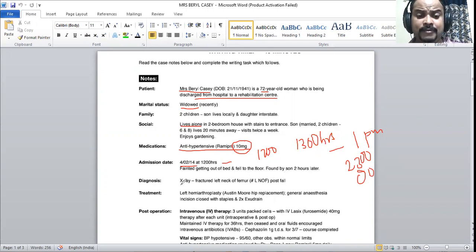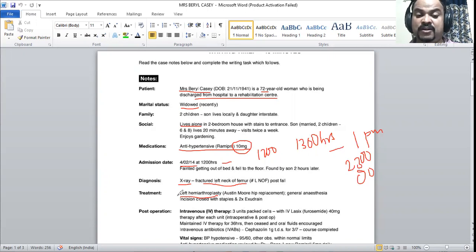And now we have X-ray. And X-ray revealed that this is the diagnosis: fractured left neck of femur. And what we have diagnosed, this is a fracture here. So we are going to go with the surgical intervention here under general anesthesia, and that is left hemiarthroplasty. So we call it Austin Moore hip replacement.